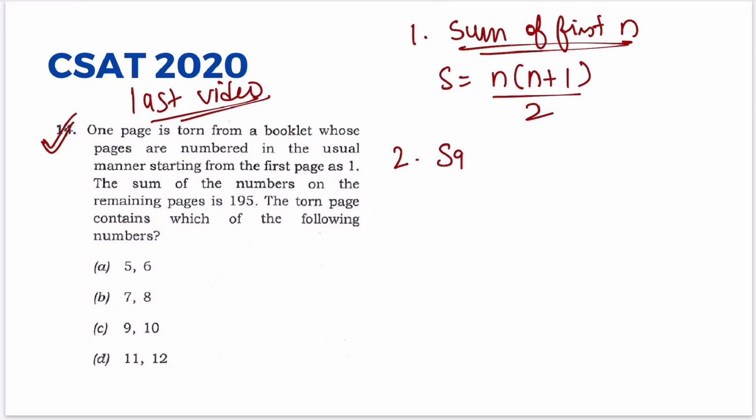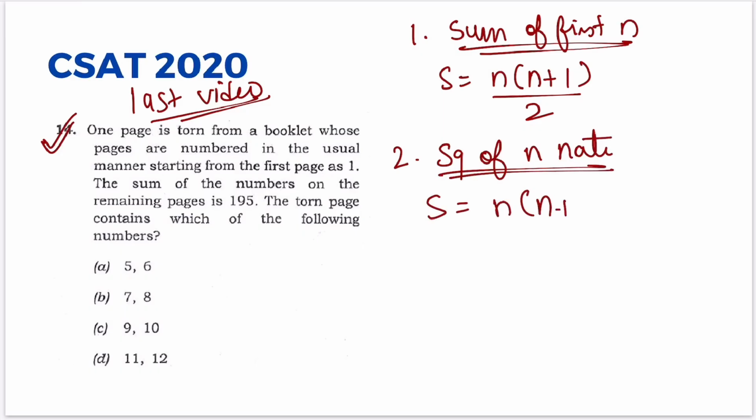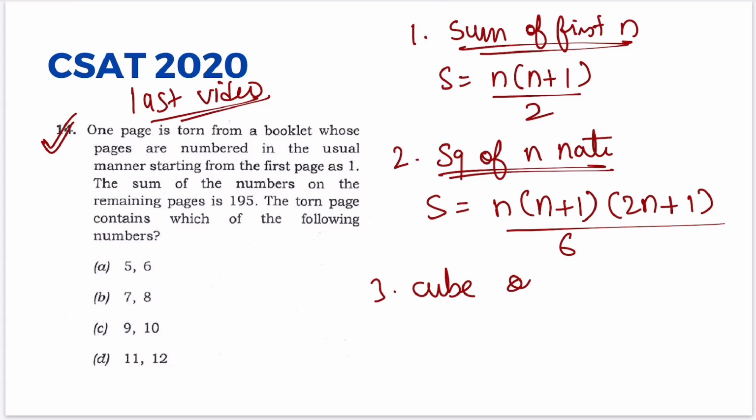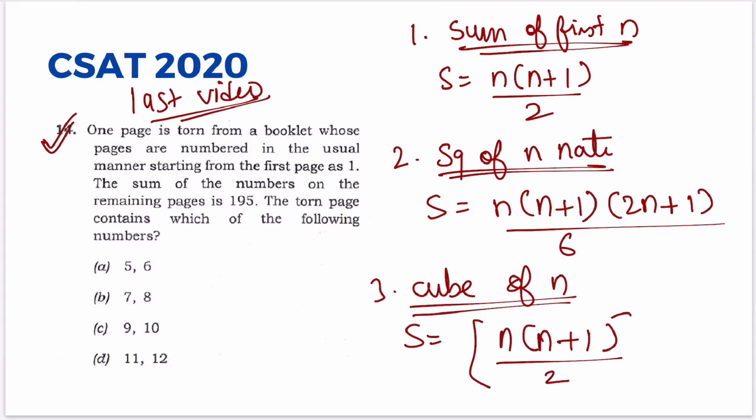Second, squares of n natural numbers: the summation was n into n plus 1 into 2n plus 1 by 6. Third is cubes of n natural numbers: the sum is n into n plus 1 by 2, complete square. So these three formulas you need to know from this video.